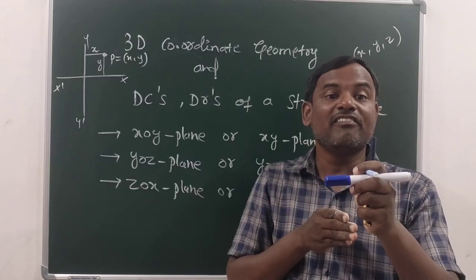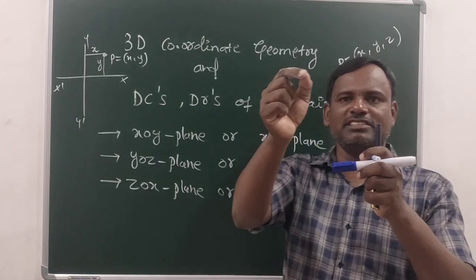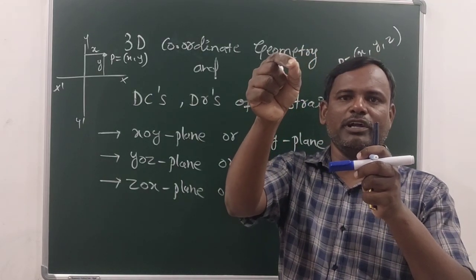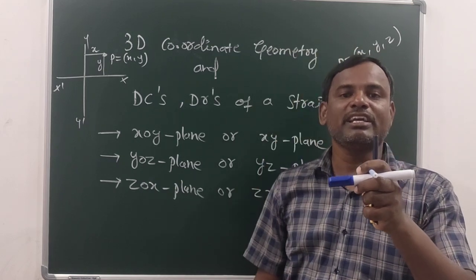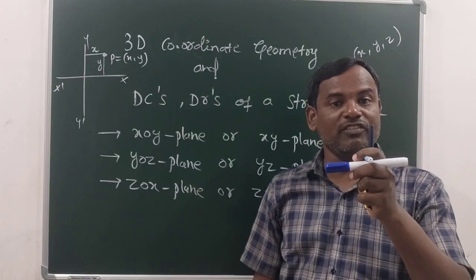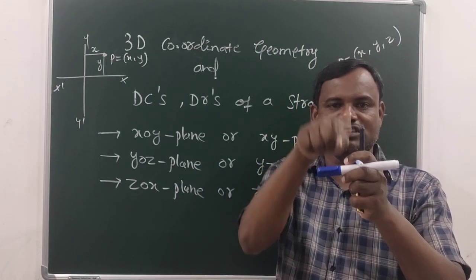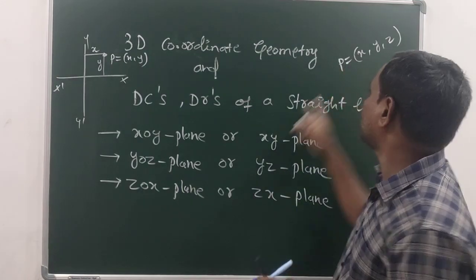What is it? YZ plane. Now the point is here. Now draw the perpendicular distance from this point to this YZ plane. So that is said to be the x coordinate. Okay? What is the x coordinate of a point? The perpendicular distance from that point to the YZ plane is known as the x coordinate of P.